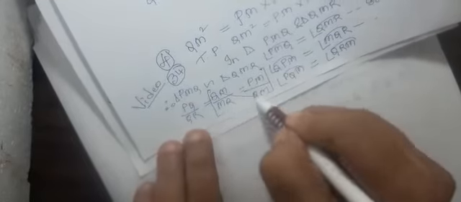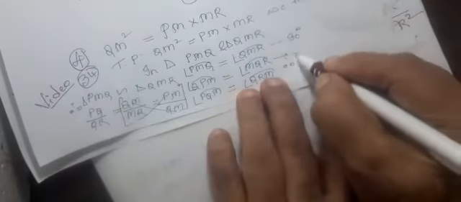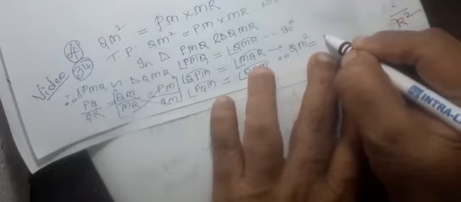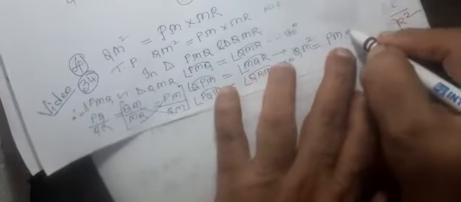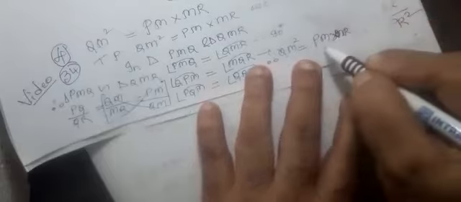So I am going to cross multiply, and I will write here: therefore, QM into QM is QM squared, is equal to PM into MR. And this is what I had to prove.